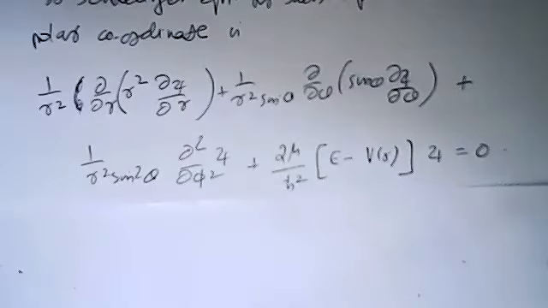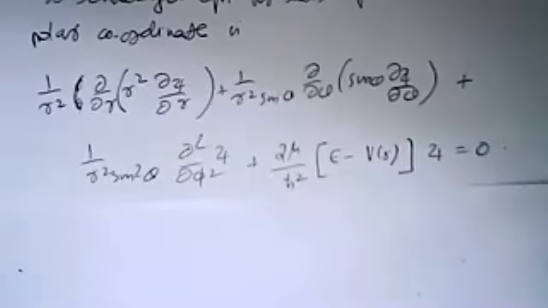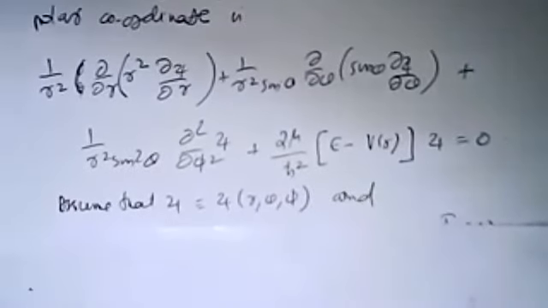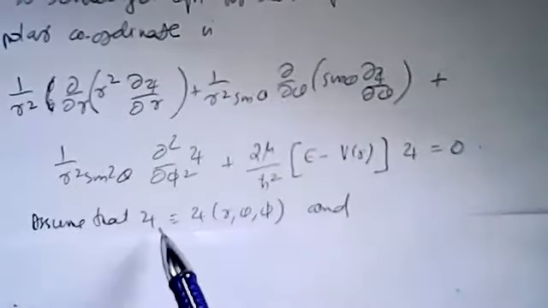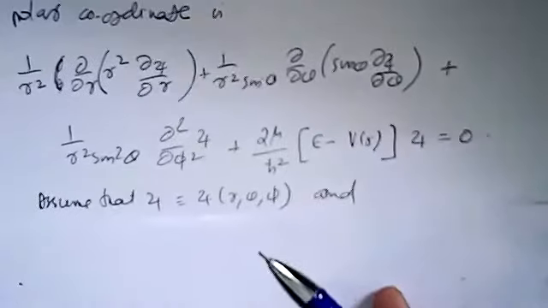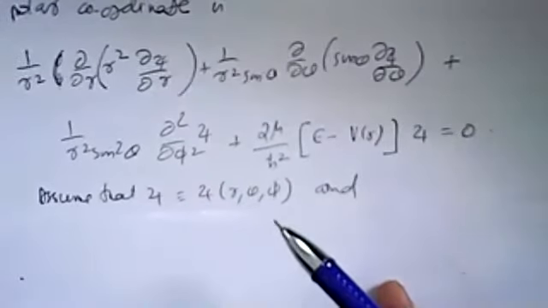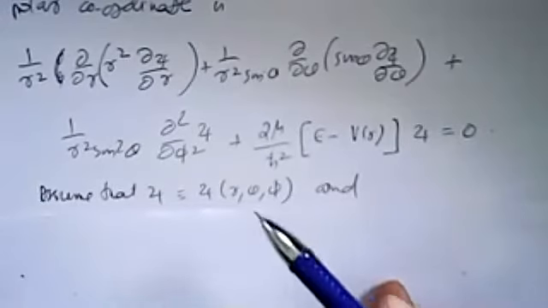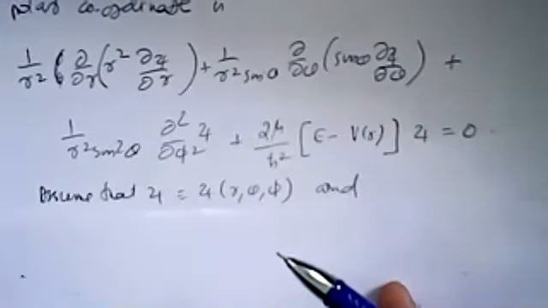Now, in this we have three coordinates r, theta and phi. Now we have to assume that this psi is a function of r, theta and phi. Now we have to do the variable separable method, otherwise we cannot do anything on this equation. You separate these variables into different differential equations.